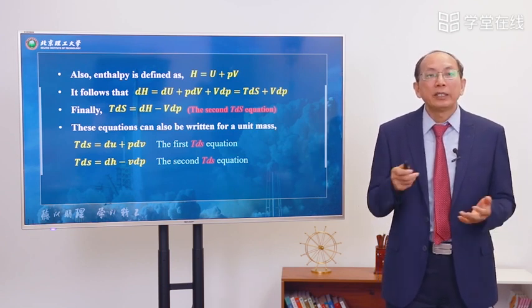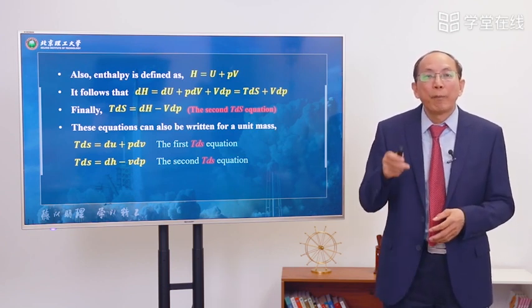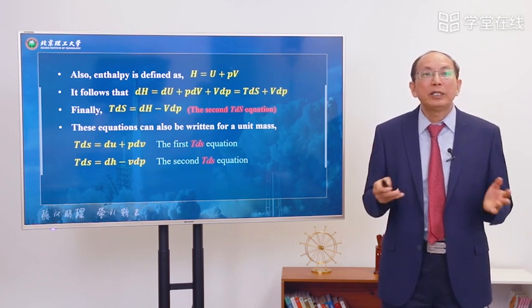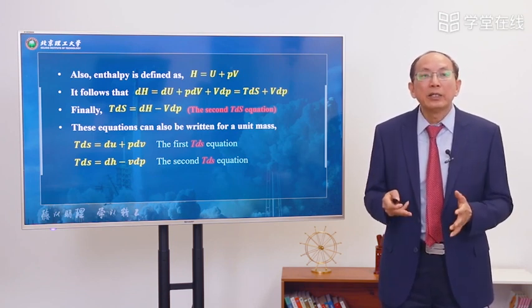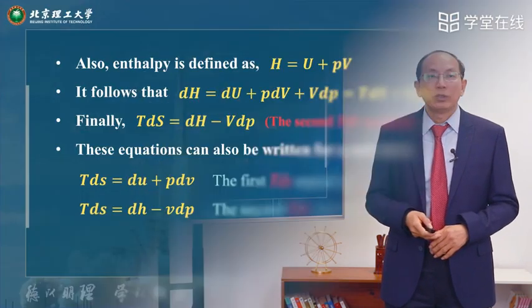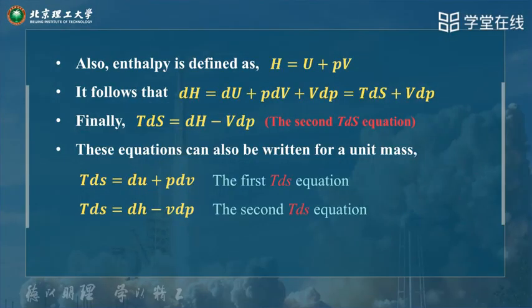Finally, we obtain TdS equals dH minus VdP. It is the second TdS equation.